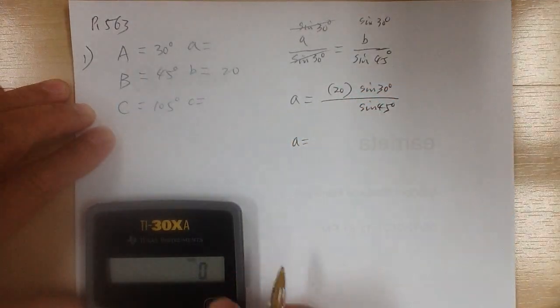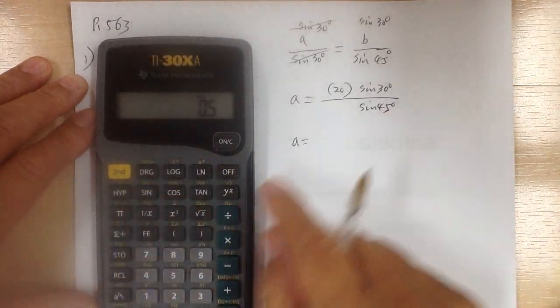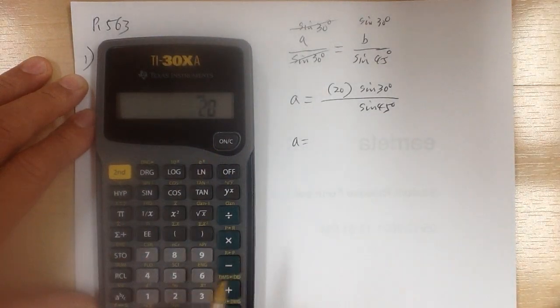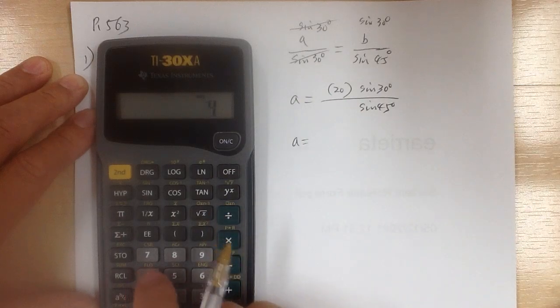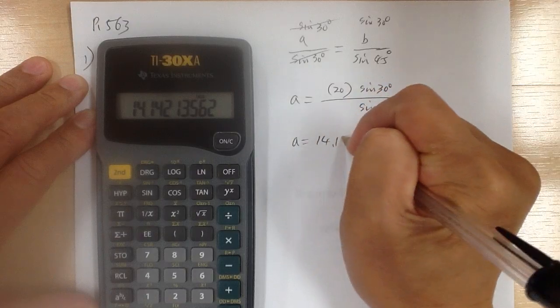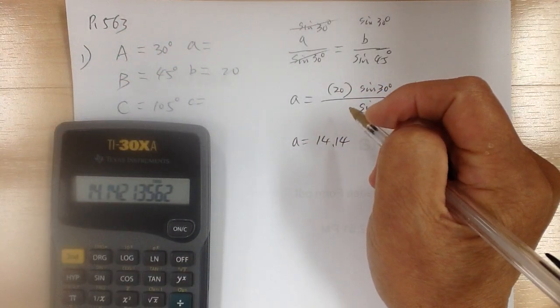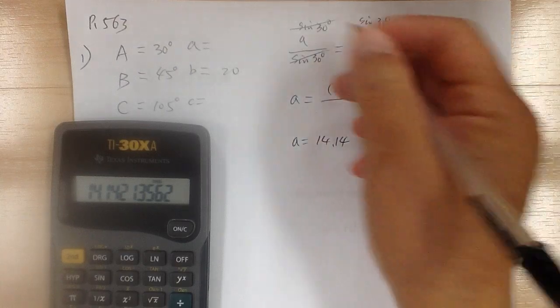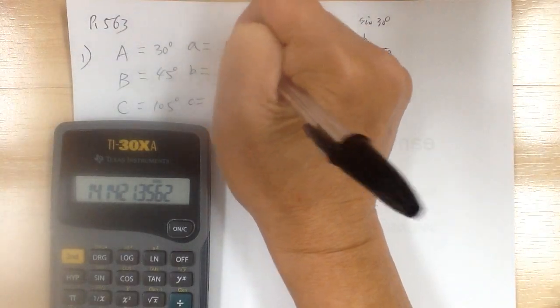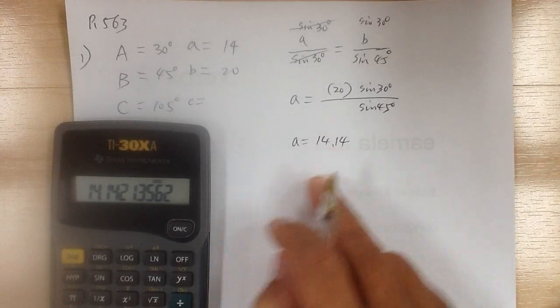So A equal to, use your calculator, work it out. So A equal to 14.14. Over here just write down 14, but when you calculate, make sure you use 14.14.